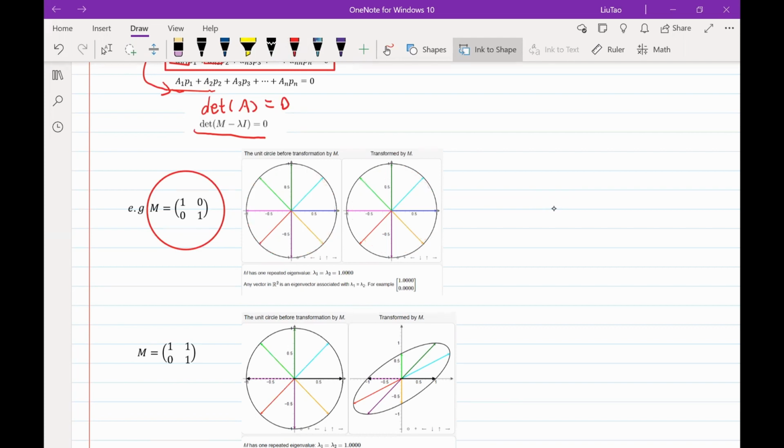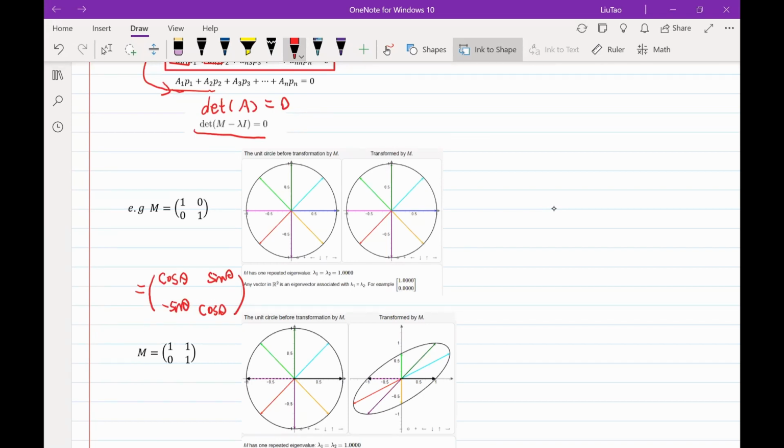If I write it like cosine theta, sine theta, it looks like a rotation matrix.